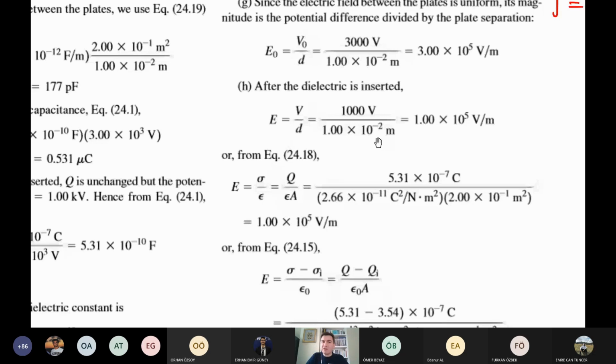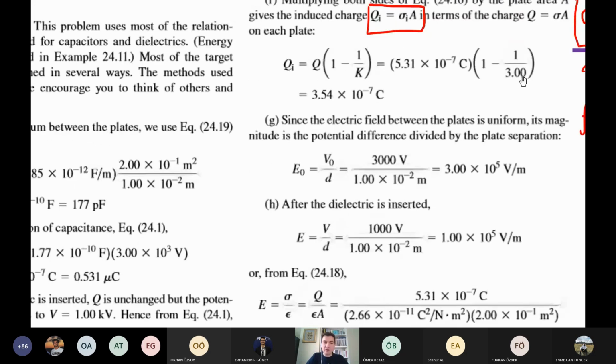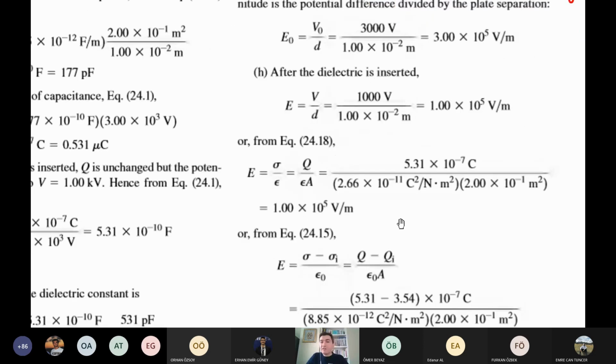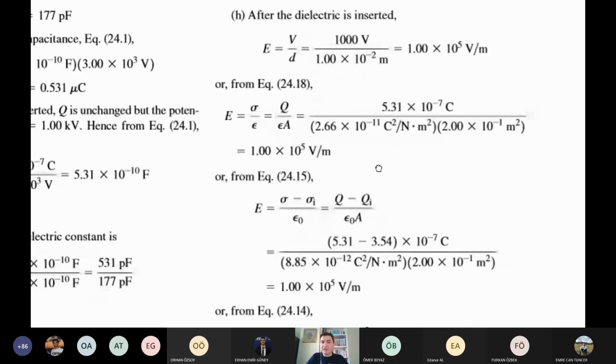What do you see here? The initial electric field E0 is 3 times bigger than the final electric field after inserting the dielectric material. Why? Because we have the K value, which is 3, okay? Or by using this equation, you can calculate the final electric field.